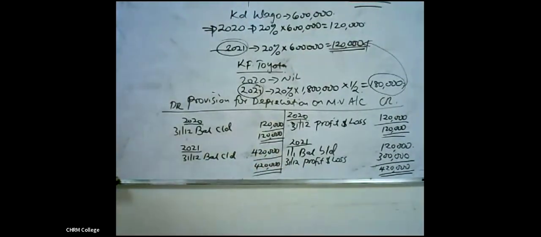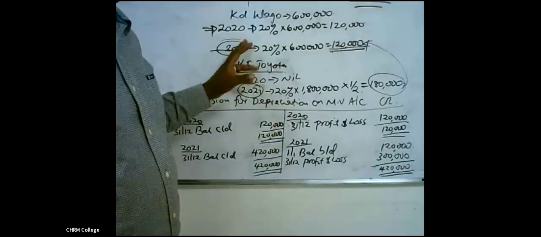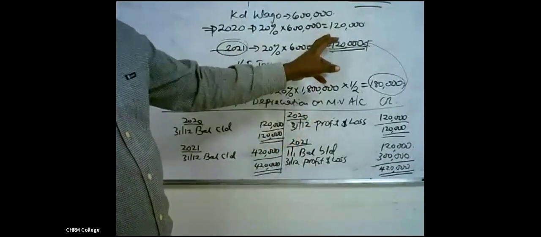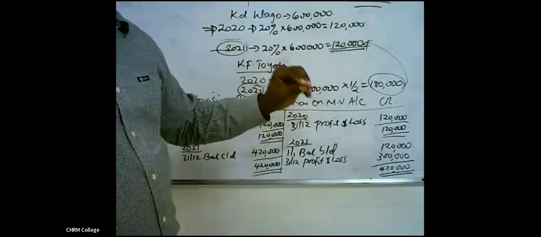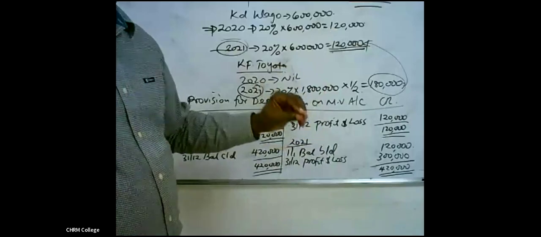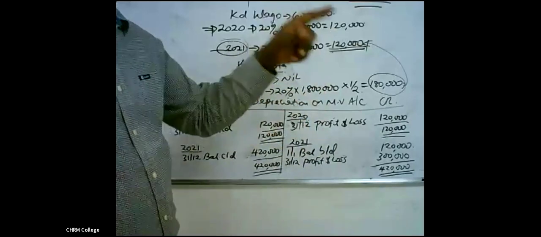You need to know how much was the depreciation for each year. For 2020, we only had KB in our possession, so we can get the depreciation for that. It was a full year depreciation simply because KB was acquired 1st of January.